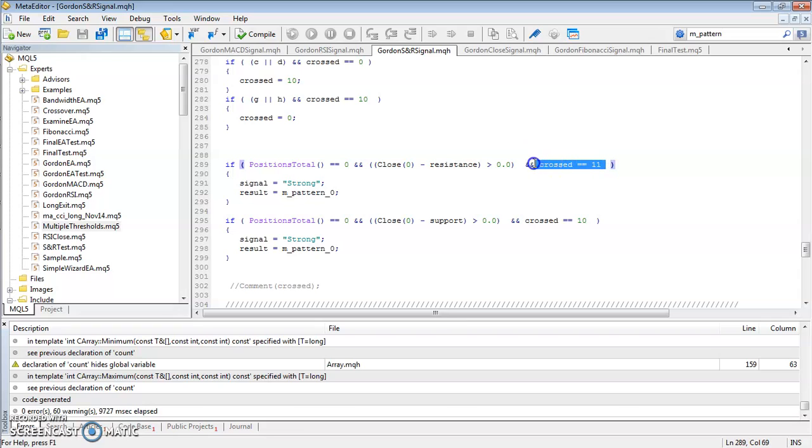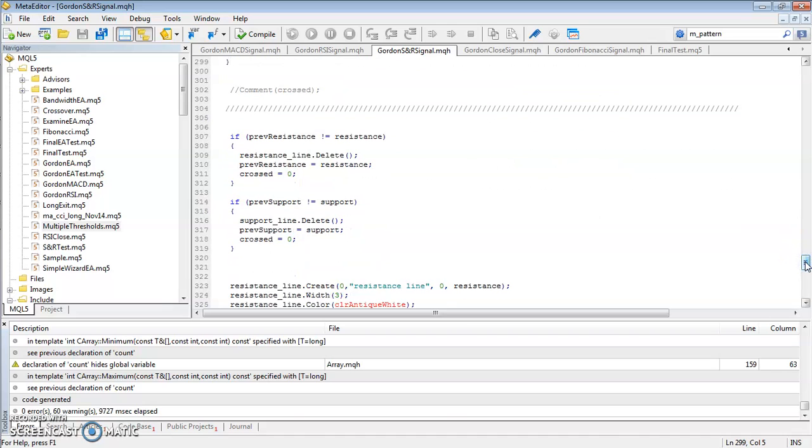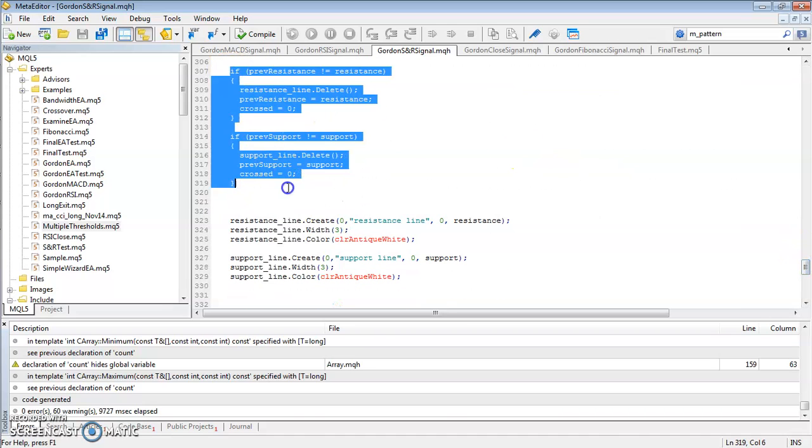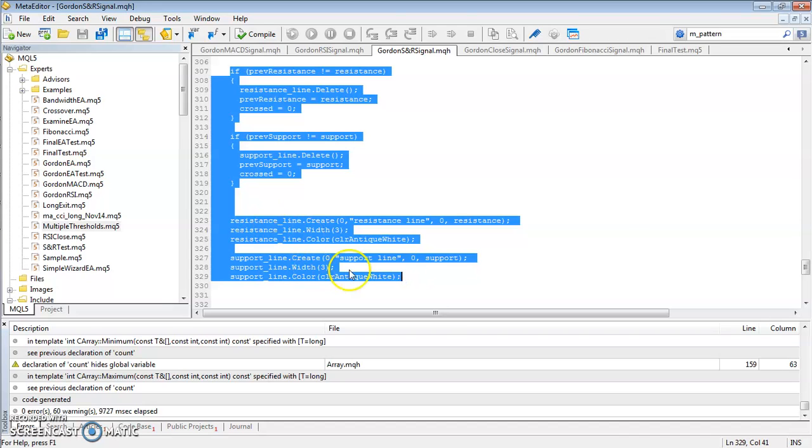So if the trend crossed the resistance line, then trigger a signal, and the same goes with the support. It's the same logic for the support. And here's the logic for creating a visual of the resistance and support line in the chart.